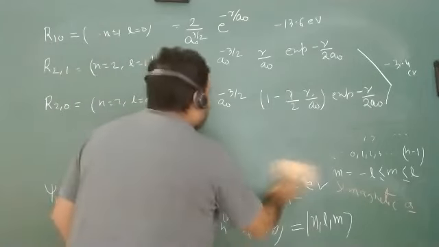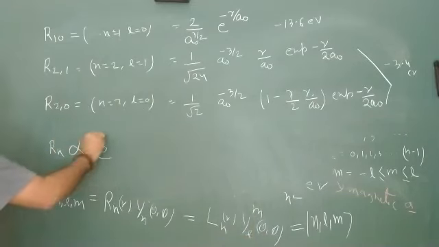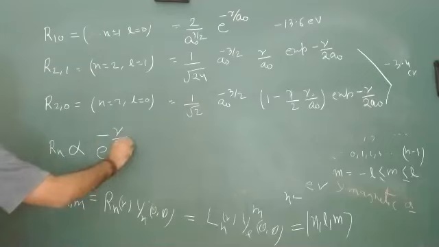So for the nth state, suppose I write R_nL, it is proportional to e to the power minus r by n a naught. Okay?